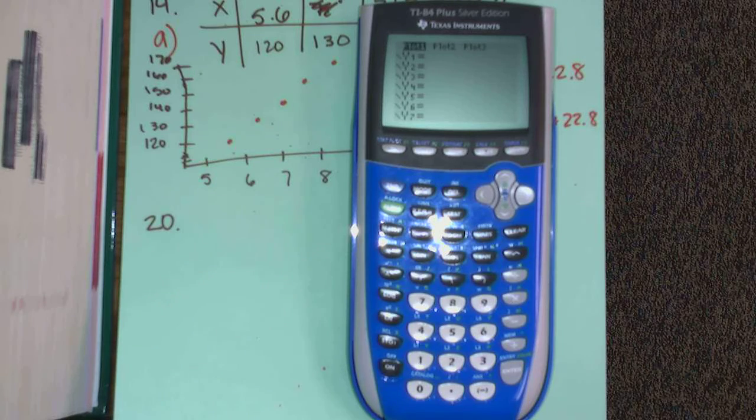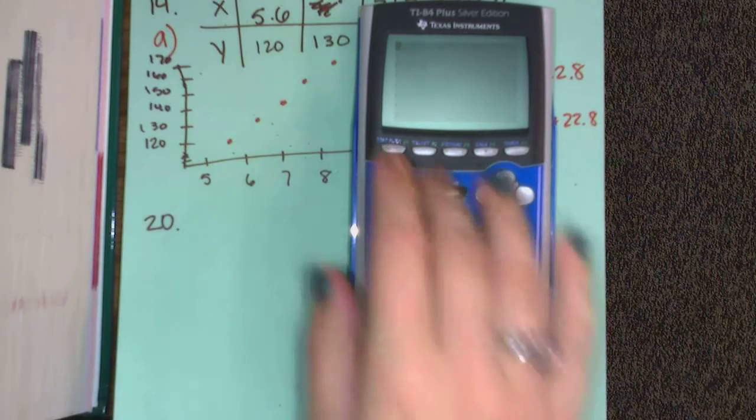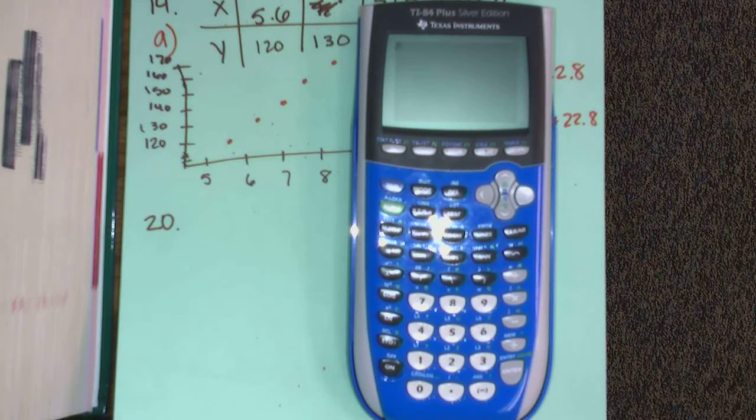Everybody have their numbers in? Anybody still working on their numbers? Alright, so now you hit second quit to get out of all that. Okay, so now I want to go and graph the scatter plot first. So what do I hit to do that?